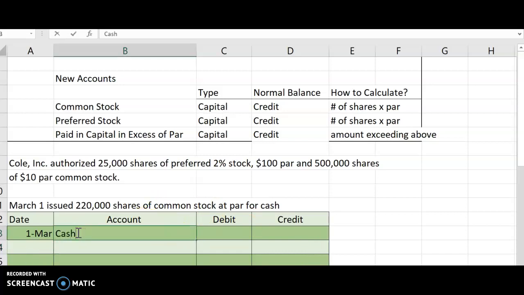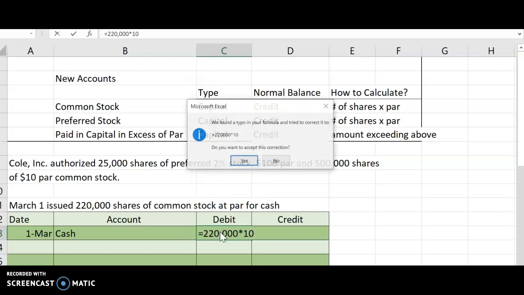Okay, if we get cash, cash goes up and assets go up with the debit. So debit cash, and we issued 220,000 shares at par, and par is $10. So we're going to just say 220,000 times 10.